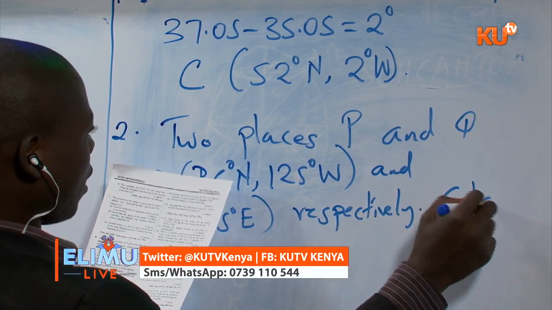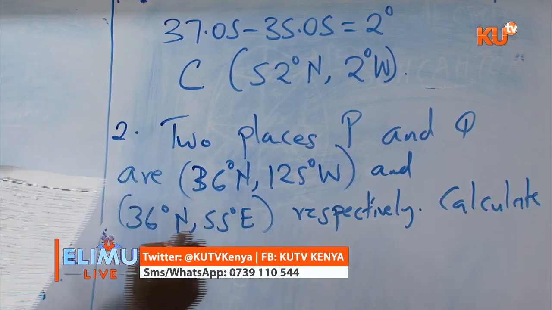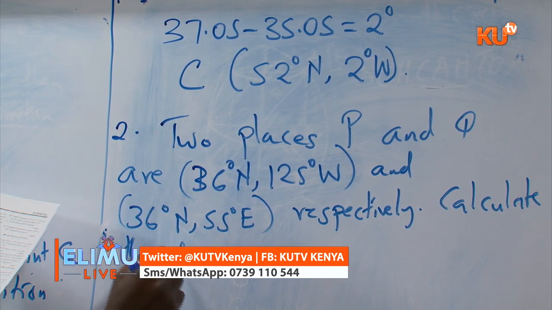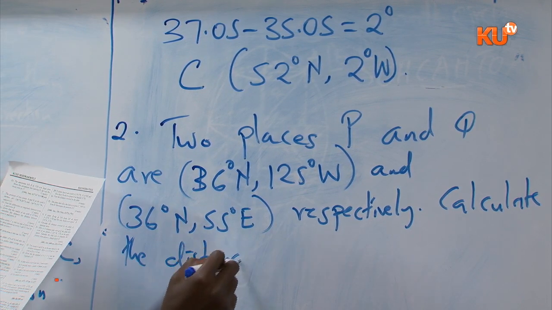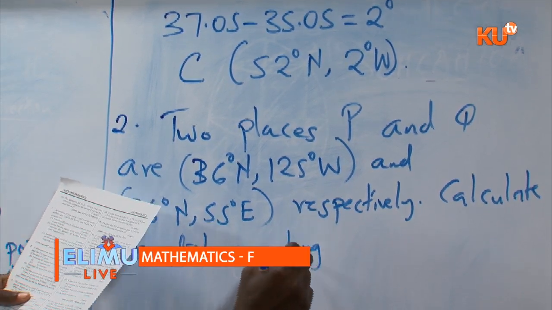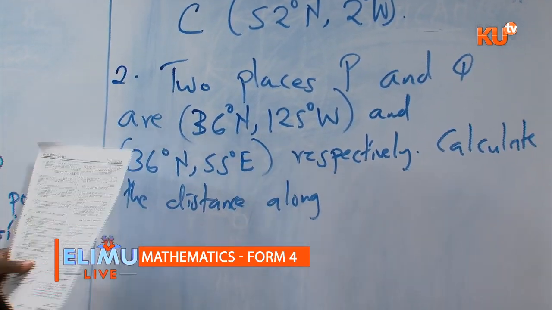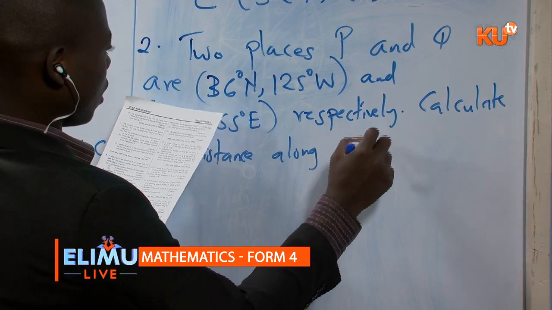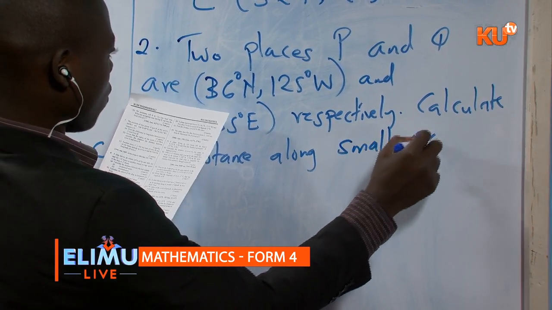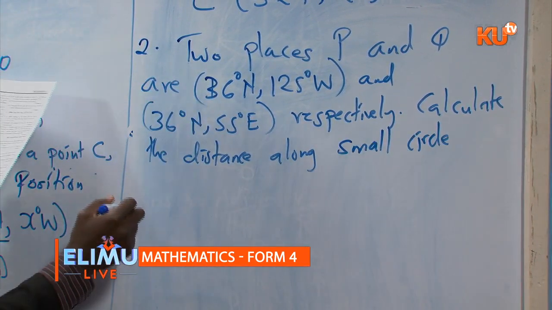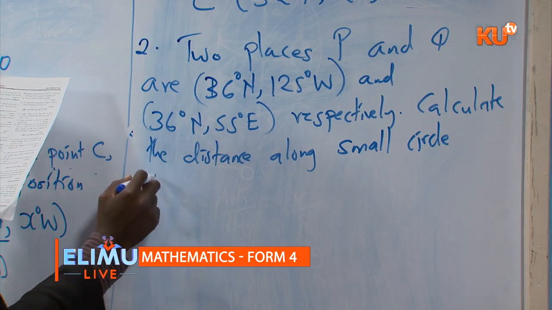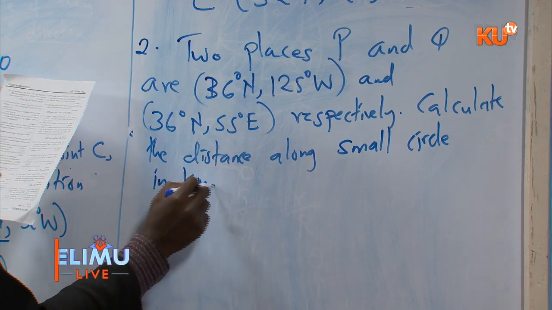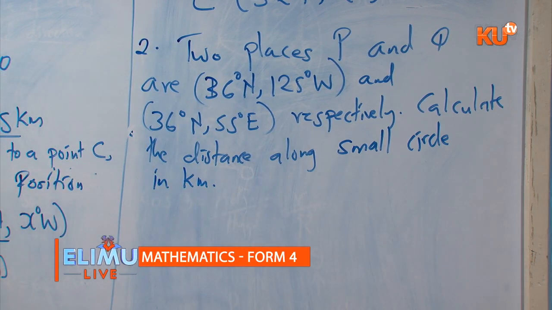Then you're told to calculate the distance along a small circle in kilometers.